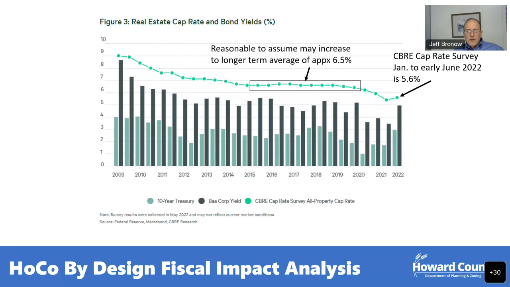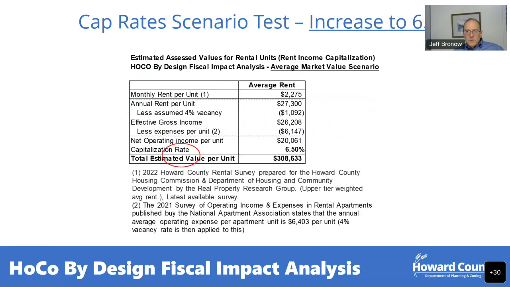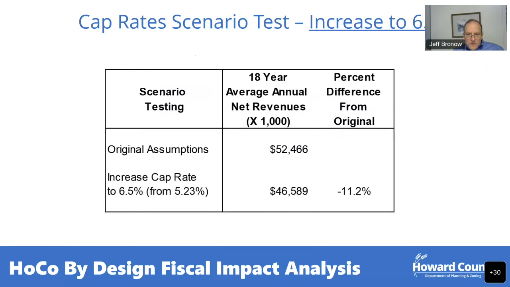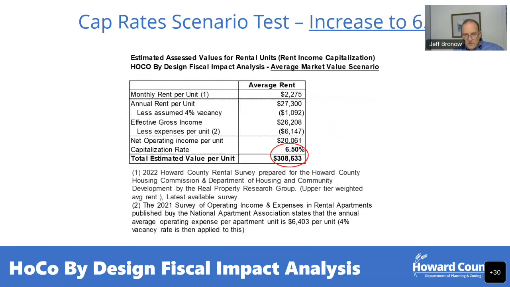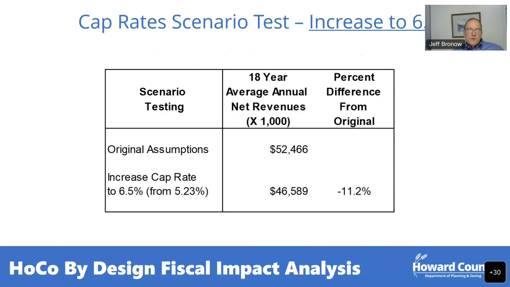It's reasonable. And so then what is the impact? Well, if you increase it to 6.5%, the valuation goes down to $308,000 per apartment unit. And so the overall fiscal impact results are reduced by 11.2%. So a relatively big impact. And one of the reasons for that is, if you recall, the future projections for residential land use in Howard County in the draft HoCo by Design is mostly rentals, about 48% of all future units.